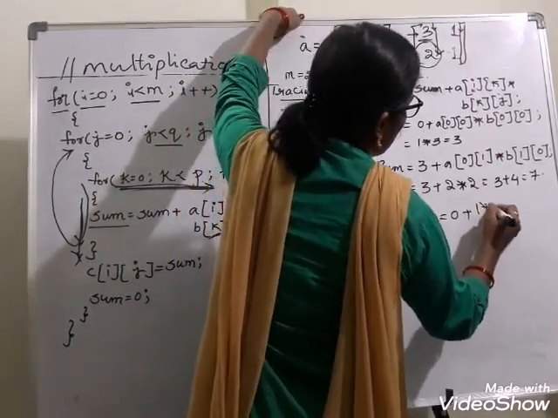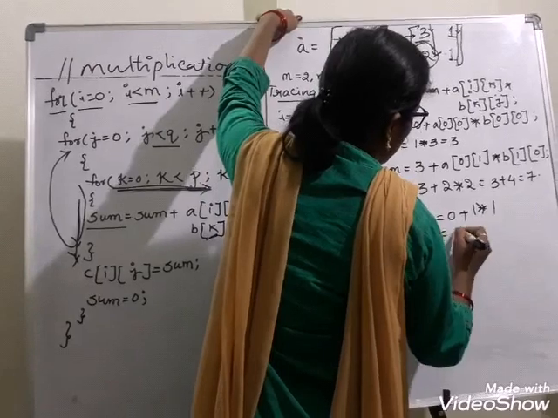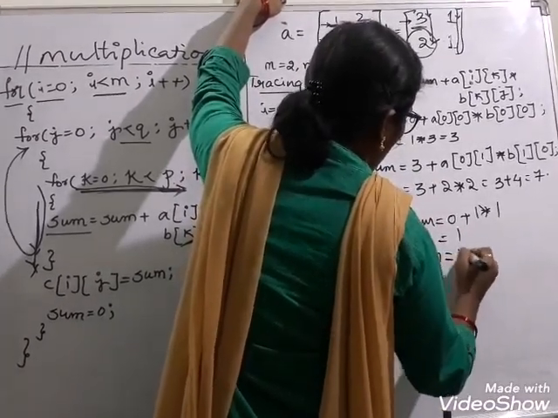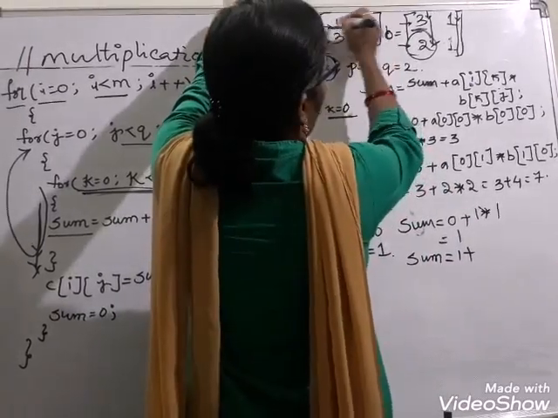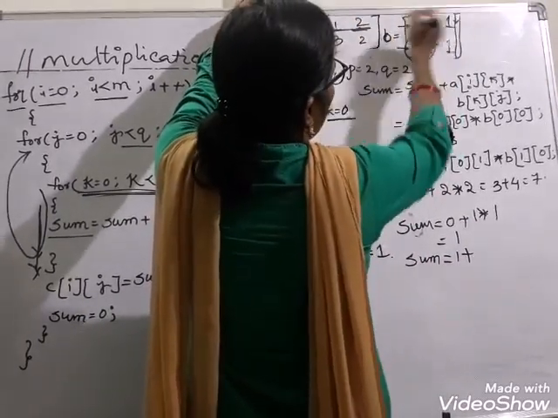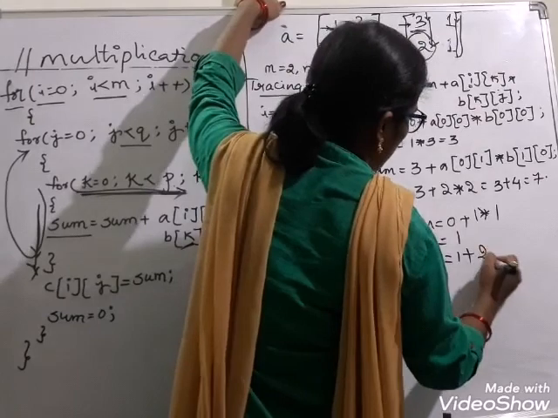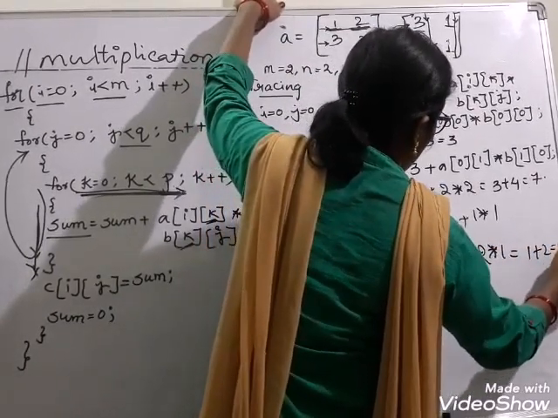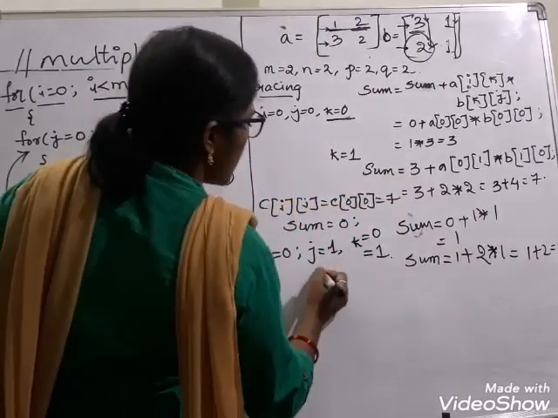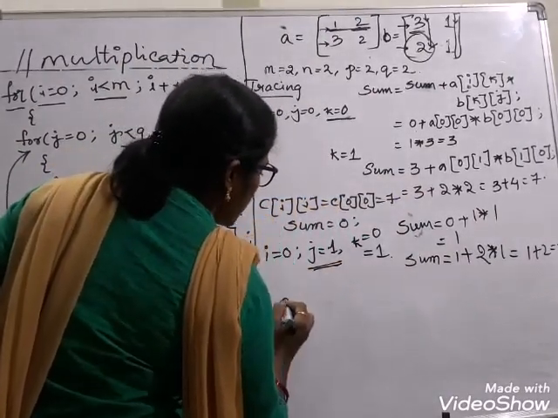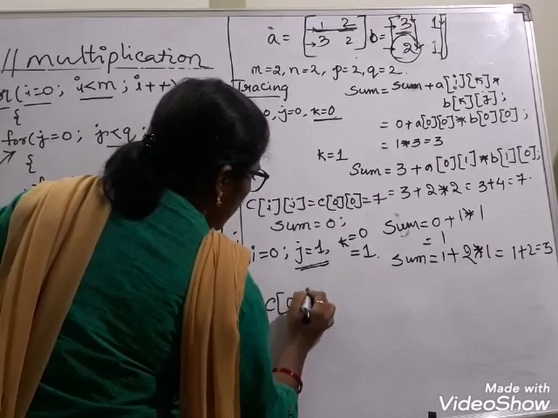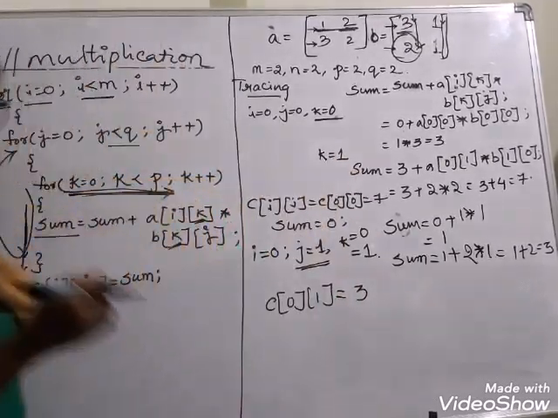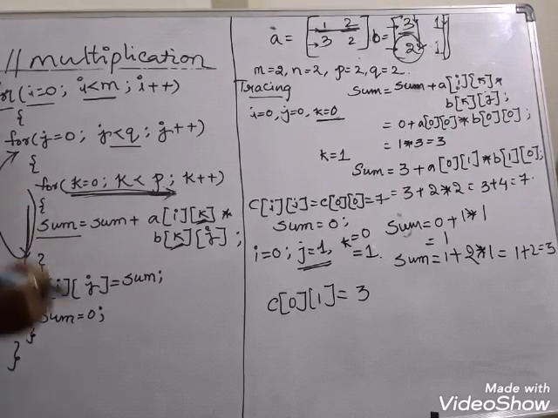So 1 into 1, which is equivalent to 1, and your sum will be 1 plus 1 into 1, you have done 2 into 1. So 1 plus 2, which is equivalent to 3. So for j equals 1, that means your C01 will be 3.